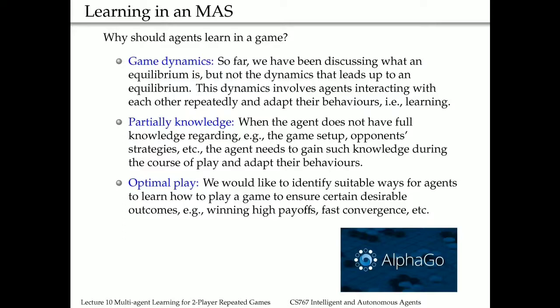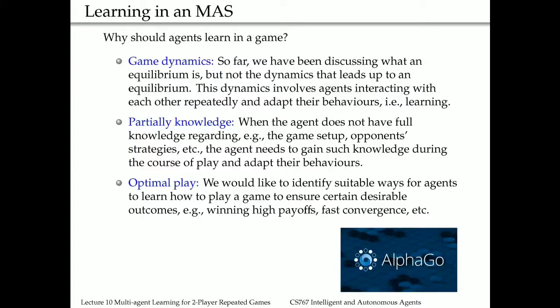Right? The agents will interact with each other repeatedly and adapt their behaviors correspondingly. So this is exactly learning, right? But we haven't really talked about how the agents learn in order to reach these specific equilibria states.